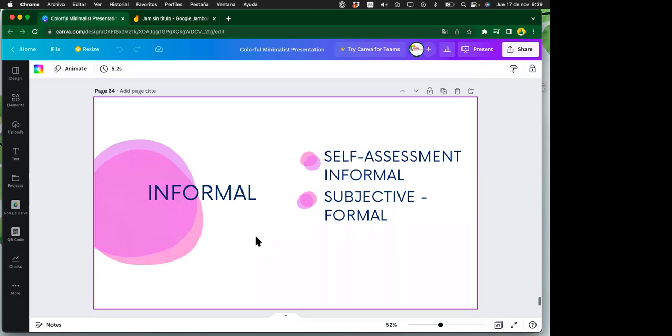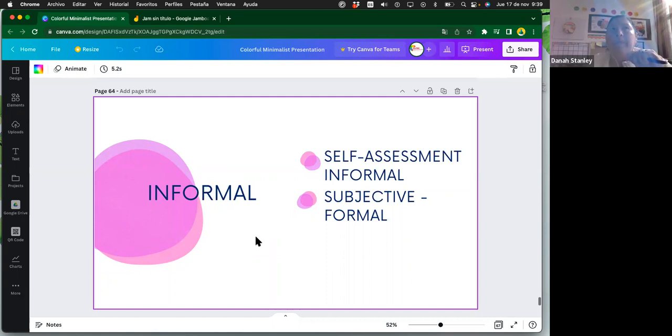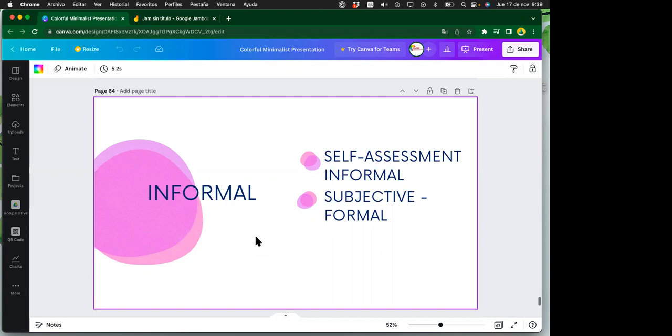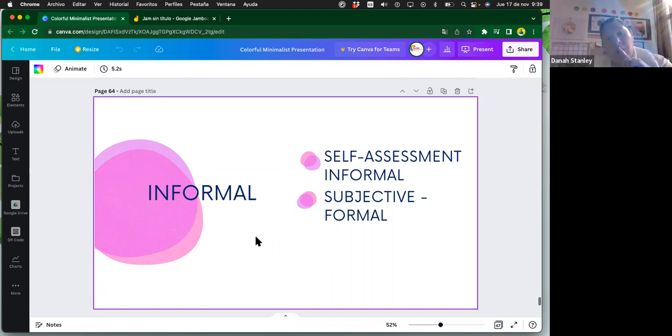I believe that in subjective, the answers may vary. Okay. It's only for writing tests? No, also for speaking. Okay. For example, when you are evaluating speaking, teacher, is your criteria the same as other teachers?